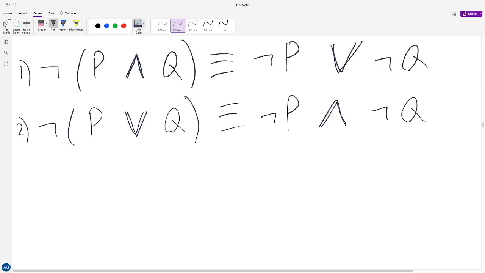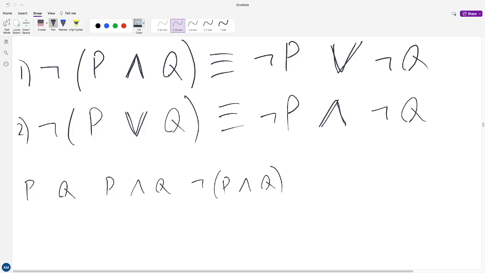Now, we're going to draw out a truth table for this. We have the statements P, statements Q, and we need a P and Q, right? P and Q. Then we tack on the not. So we have not (P and Q).